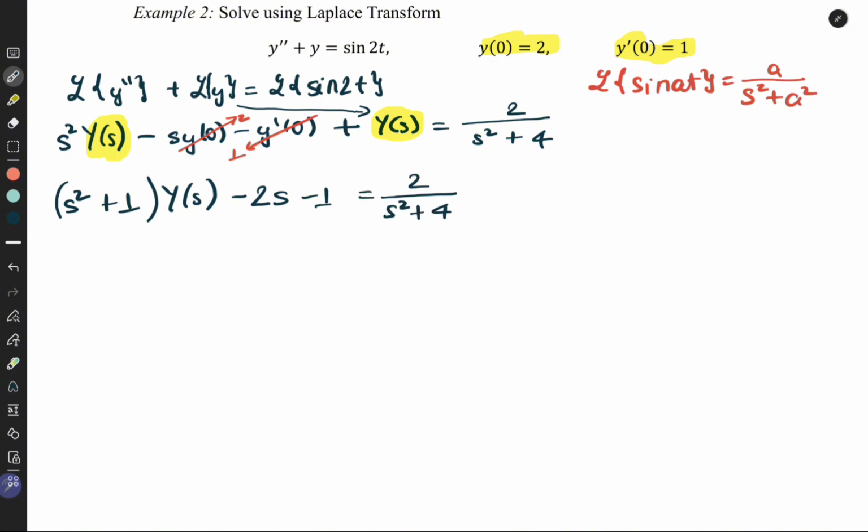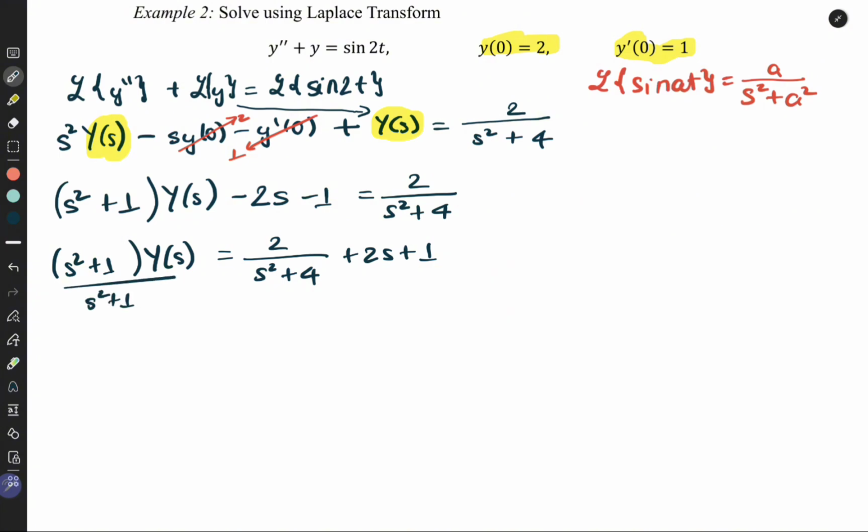Okay, I know that I'm gonna solve for Y(s), right? So I'm gonna move term by term to the right hand side, plus 2s plus 1. Okay. Next, solving for Y(s), meaning I have to divide both sides by this s squared plus 1. Divide by s squared plus 1.